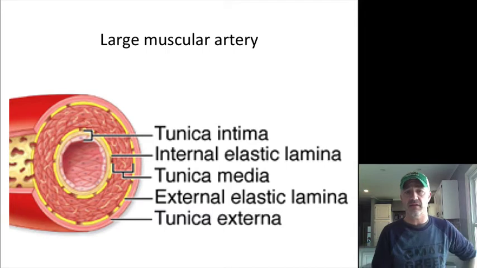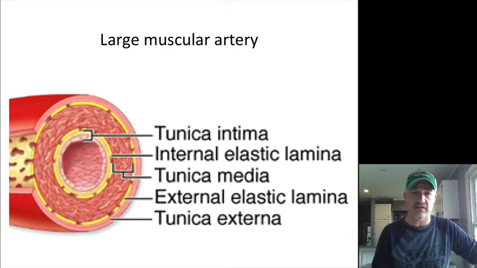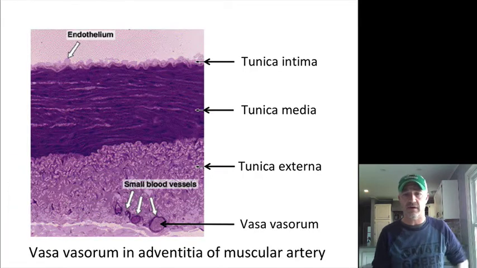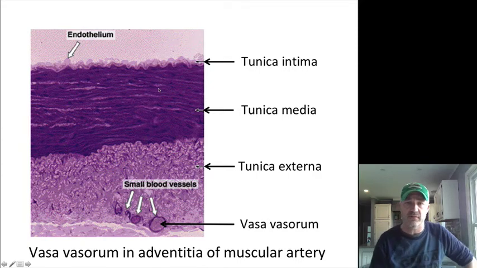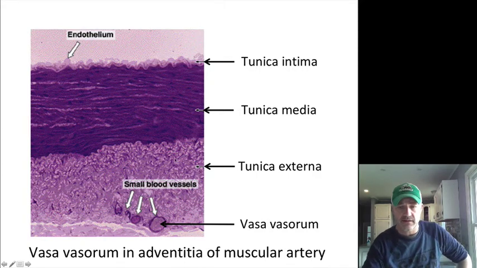So to take a look at a muscular artery picture right here, you can see very large middle layer, and you can see the endothelial layer, and then that layer, where if we start looking at it right here, you can see the similar thing right here. Tunica intima, that lining, this thick layer of the media here. And then this one has a tunica externa.